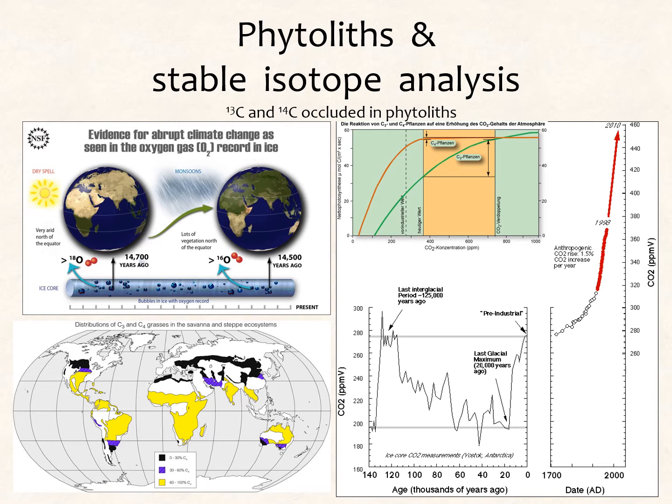Oxygen information about climatic conditions during plant growth is also preserved in phytoliths, providing information on paleoclimate change. The lower left figure shows an example of the mentioned stable carbon isotope analysis based on phytoliths. As a result, we see the range, variability, and changes of C3 and C4 grasses of past ecosystems.